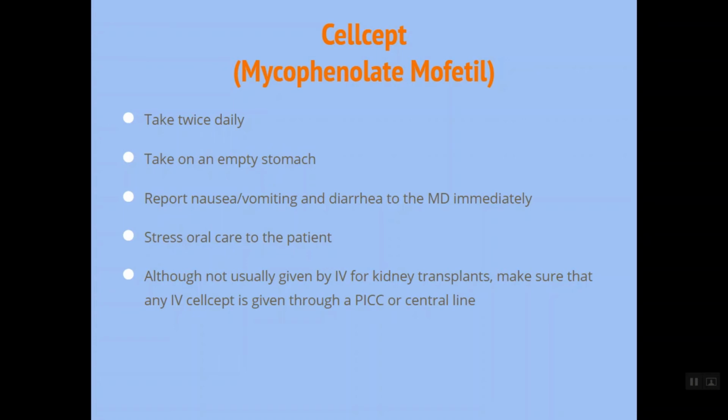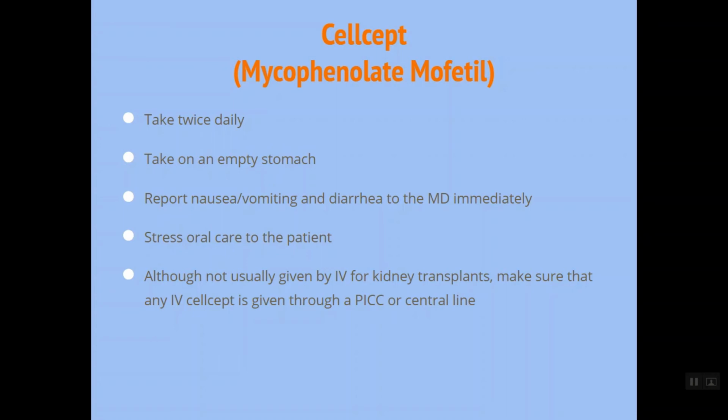Although not usually given IV for kidney transplant recipients, you need to make sure that any IV Cellcept is given through a PICC or a central line, as infusing it through a peripheral, if the peripheral infiltrates, that Cellcept is not going to be friendly to the patient's skin, their tissue.